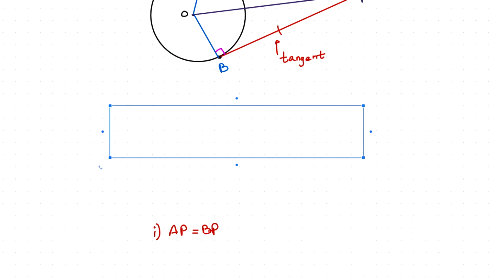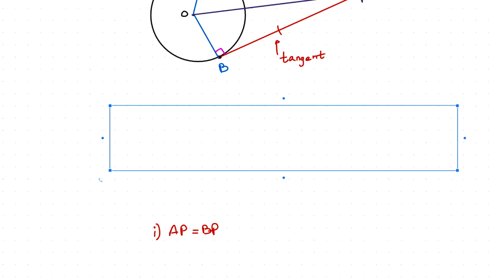The angle between the tangents is bisected by the straight line joining the external point and the center. The angle between the tangents.